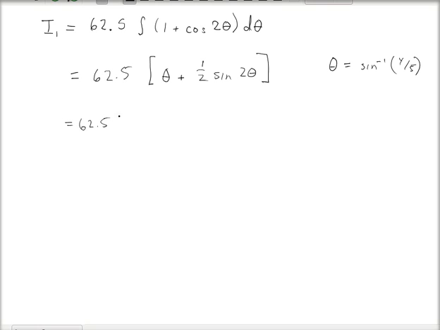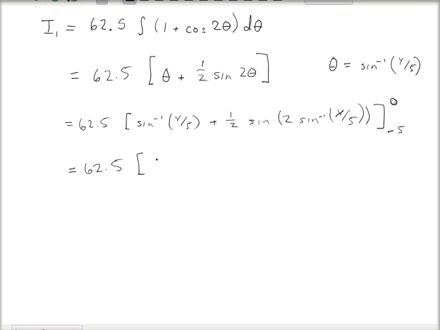So we've got 62.5 times sine inverse of y over 5 plus 1/2 sine of 2 times sine inverse of y over 5. And I was integrating from -5 to 0. So now I can just plug in my 0 and -5 and evaluate this.